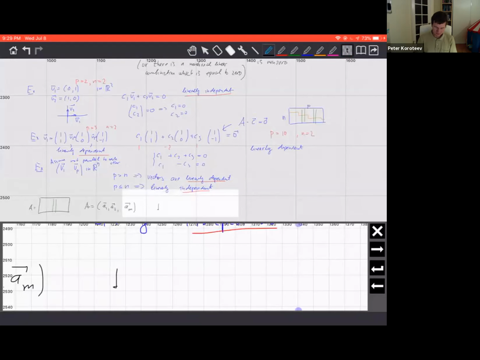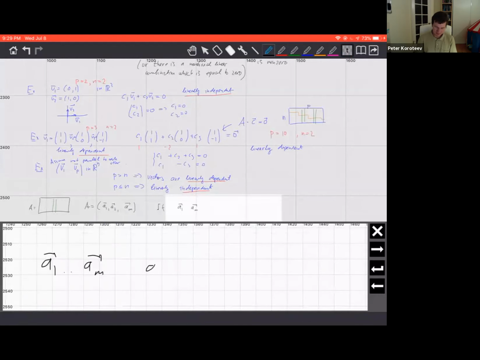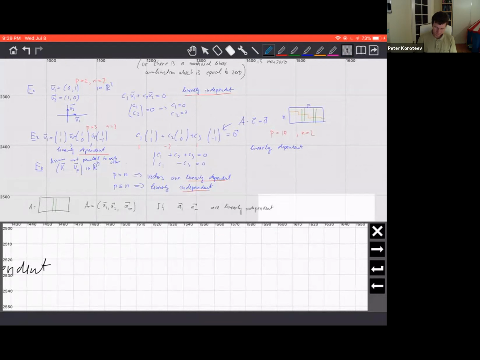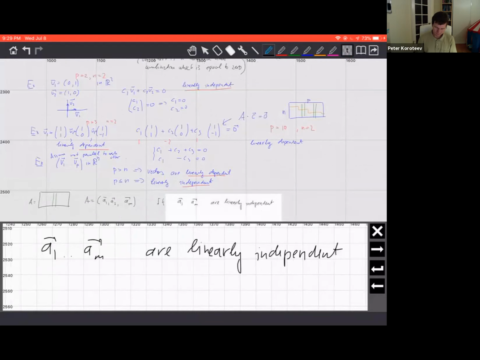We can say that if the column vectors A1 through Am are linearly independent, then the equation Ax equals 0 has only the trivial solution.